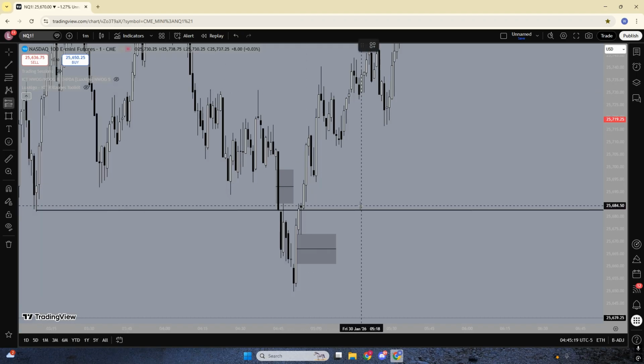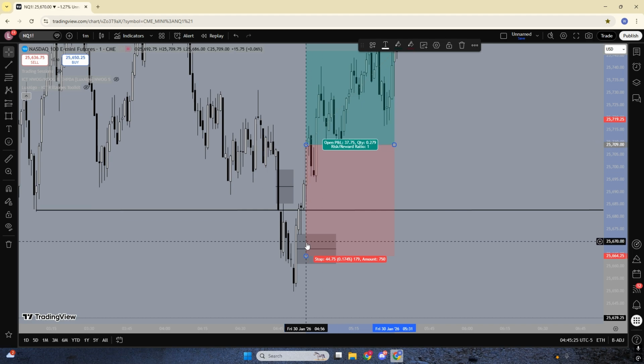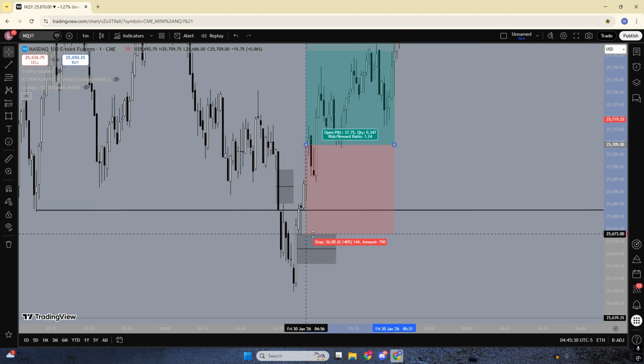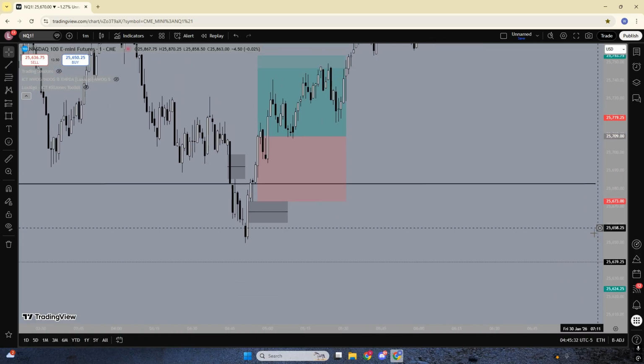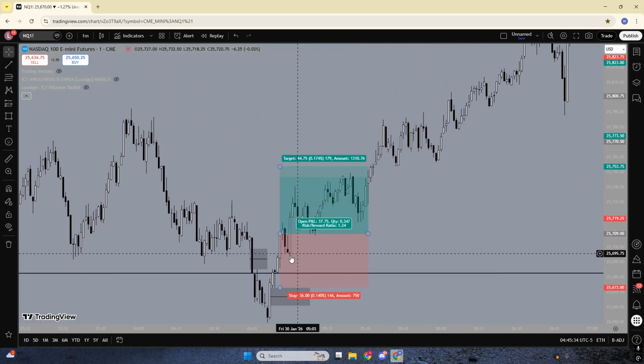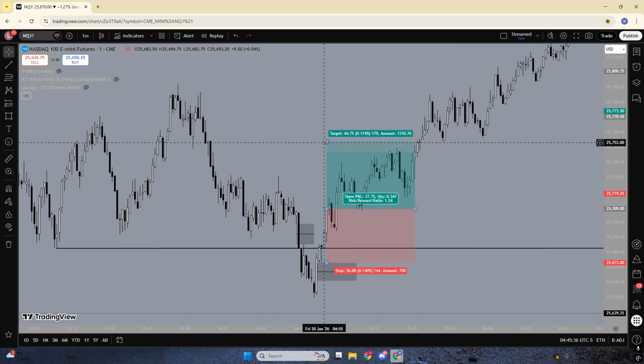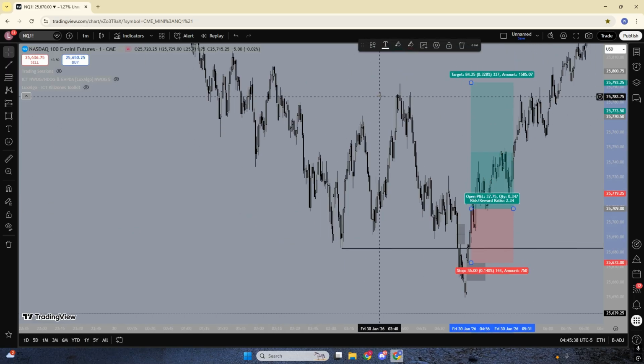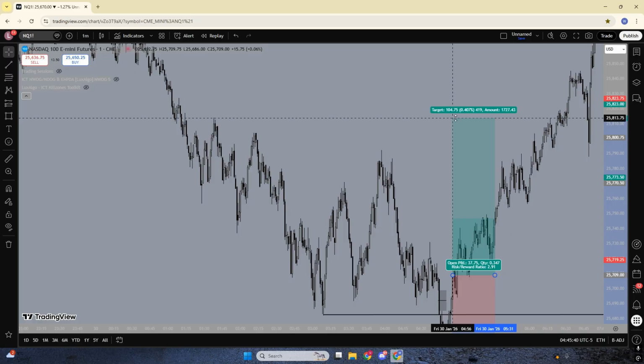And there's multiple entries right here, right? You could have had an aggressive entry, stop loss maybe at this low, and then target points of liquidity, right? Boom, boom.